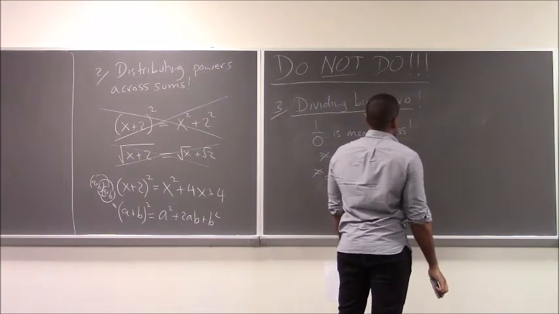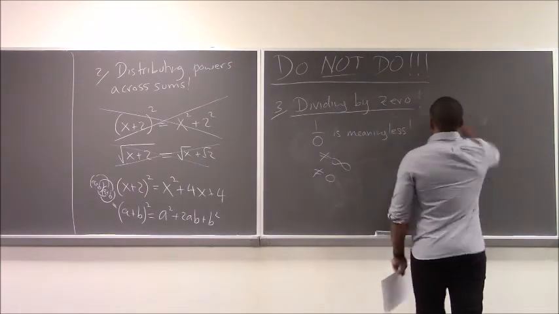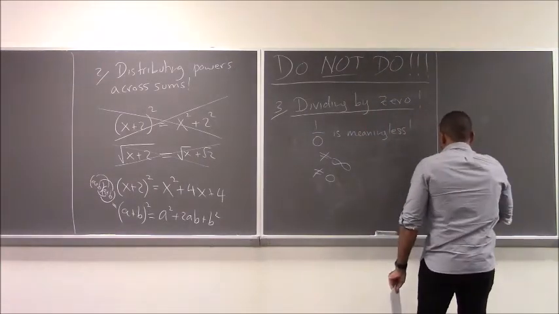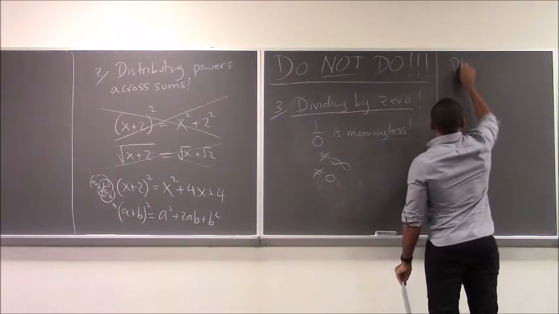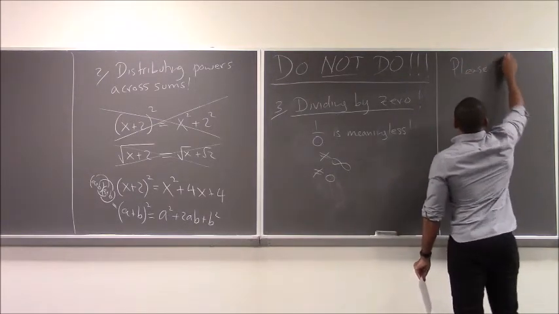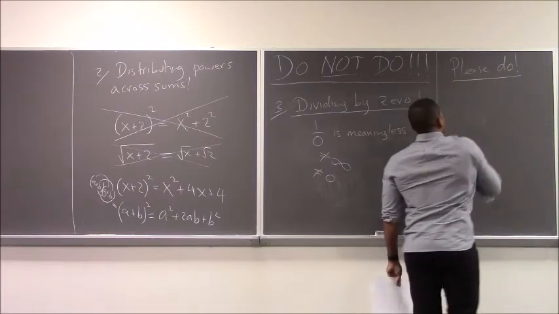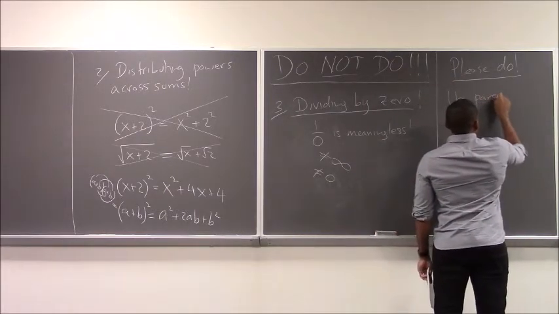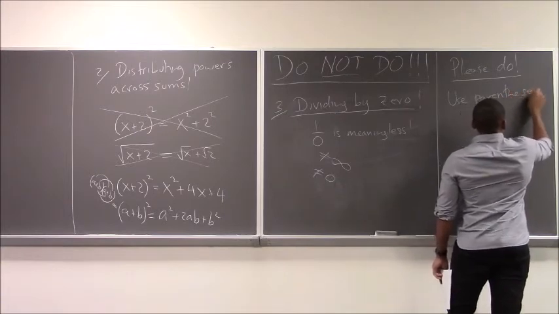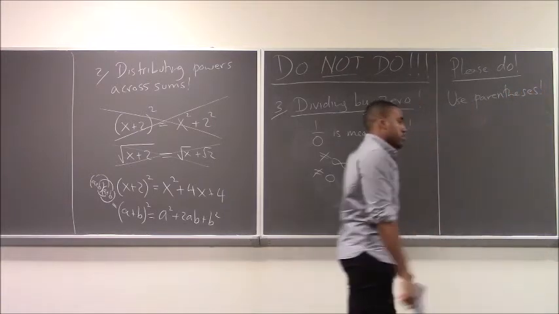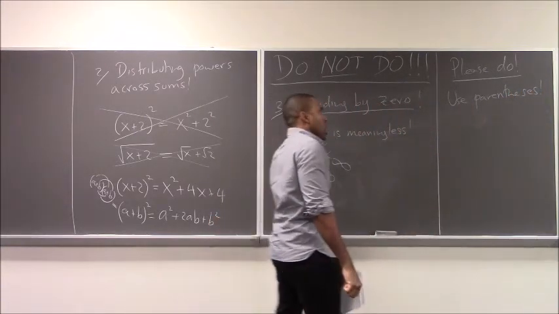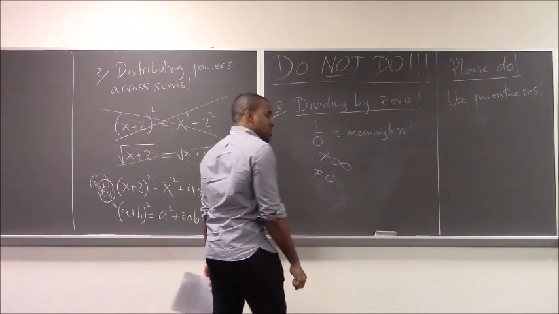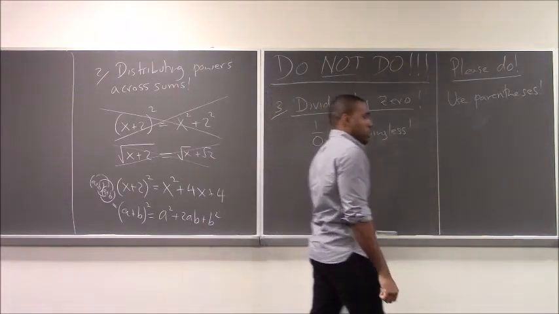Another thing, so this isn't a don't do, this is kind of please do. Use parentheses, right? And use them. Overuse of parentheses is not going to get you in trouble, but not using them will.